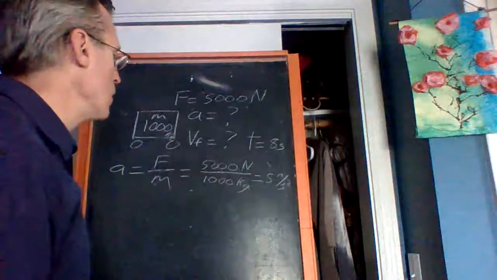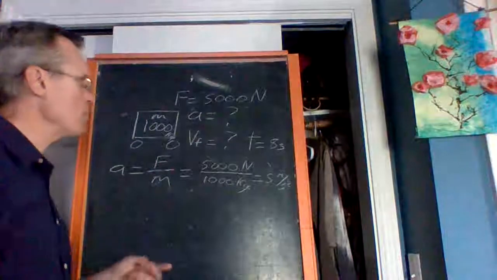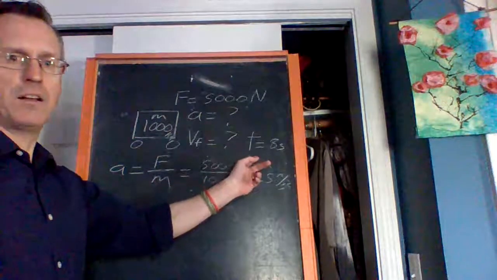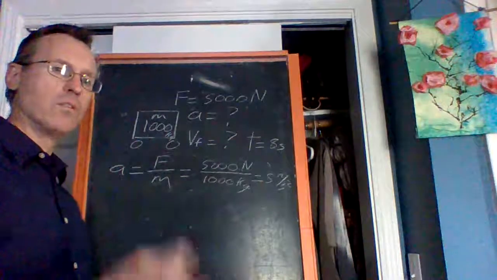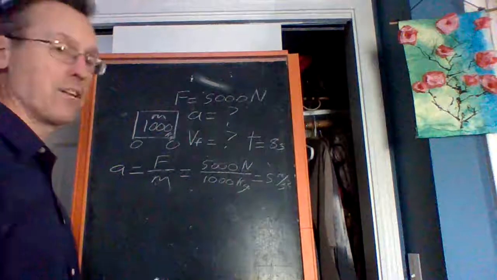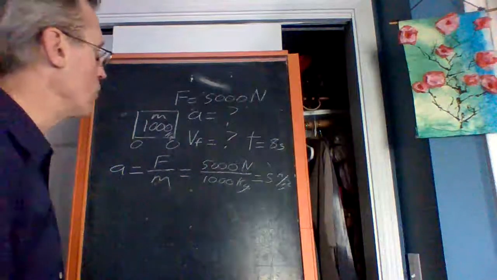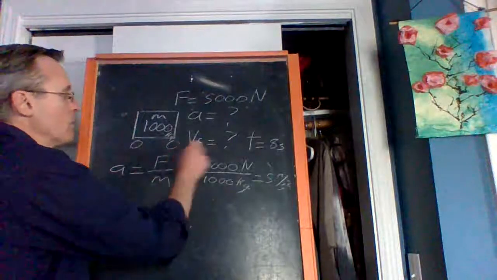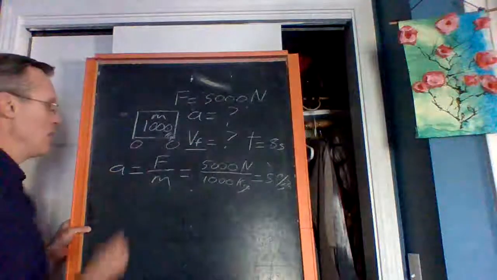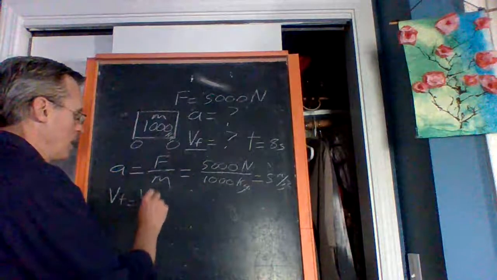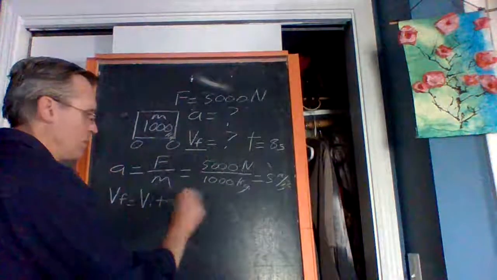Now the second part of the question: how fast would the car be going after 8 seconds? For this, open up your notes to the previous lesson on acceleration. We're going to use the version of the acceleration equation that looks for the final velocity: Vf is equal to Vi plus a times t.